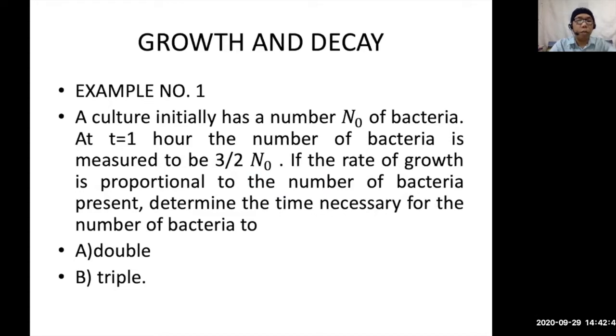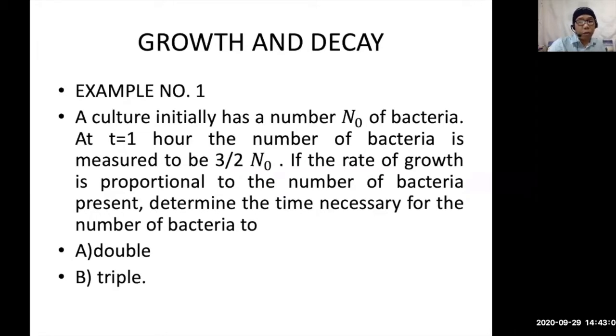First problem. A culture initially has a number n sub 0 of bacteria. So n sub 0 represents the number of bacteria initially, or at time t equals 0. Now at time t equals 1 hour, the number of bacteria is measured to be 3/2 n sub 0.